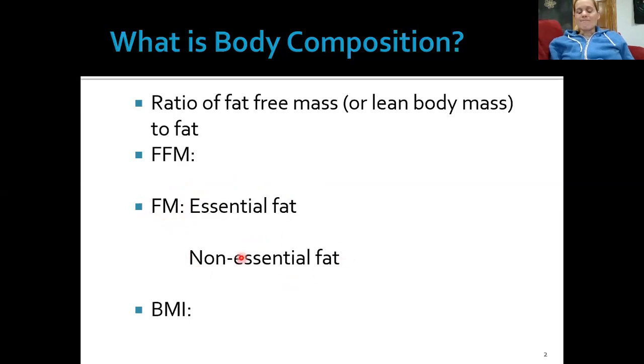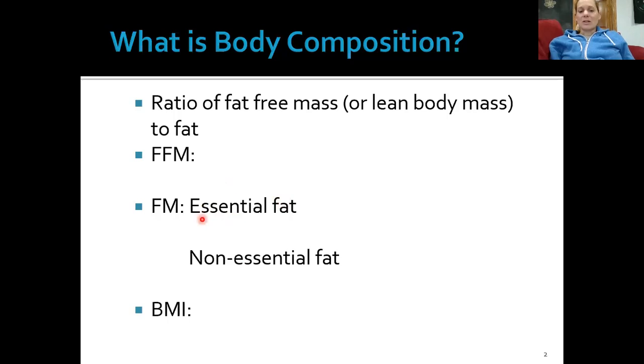Again, when we think about essential fat as it relates to body composition, don't be confused with nutritional essential fats. When we talked about our protein unit, for example, essential amino acids are amino acids that you need to consume every single day.